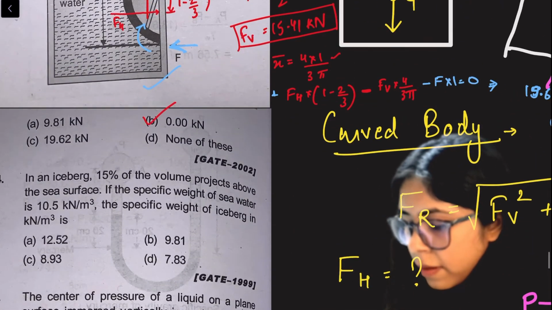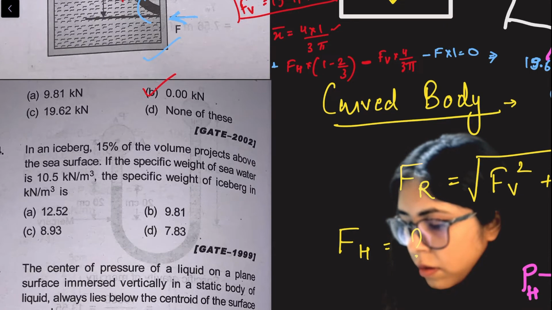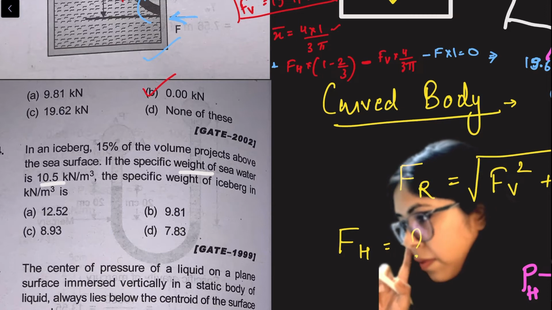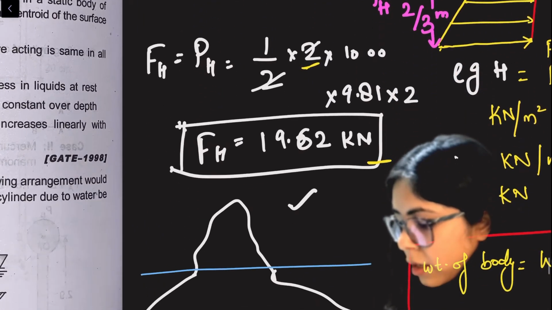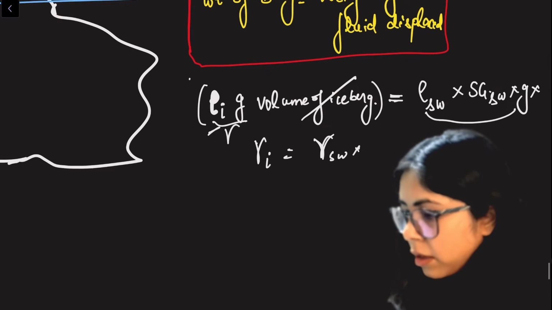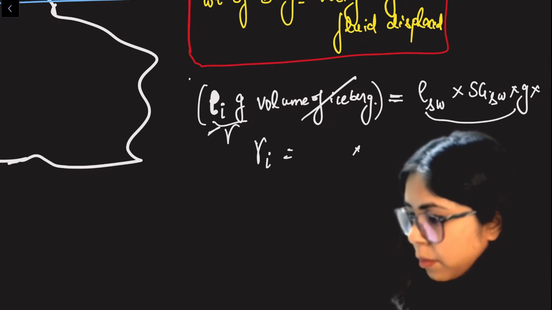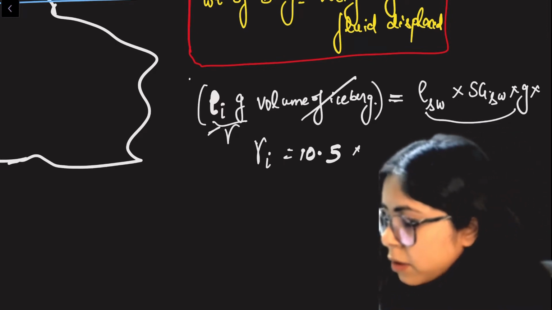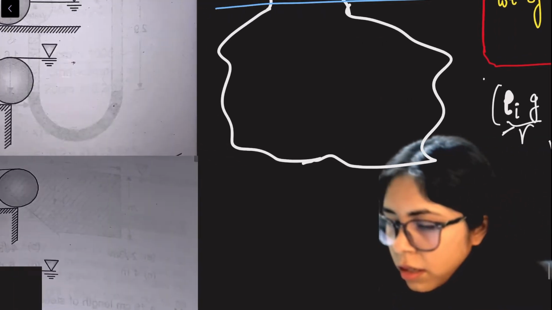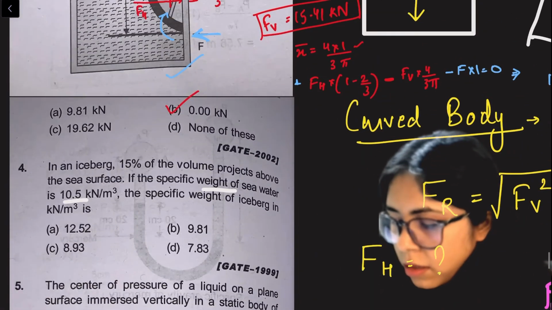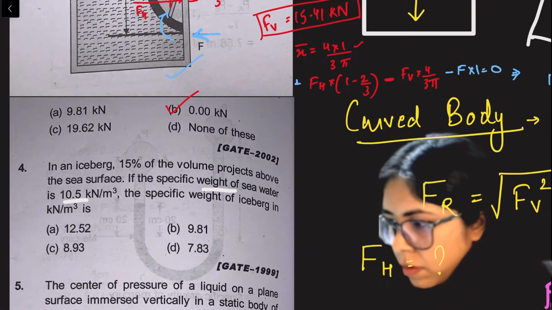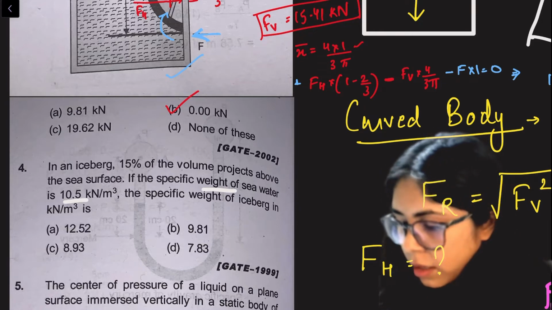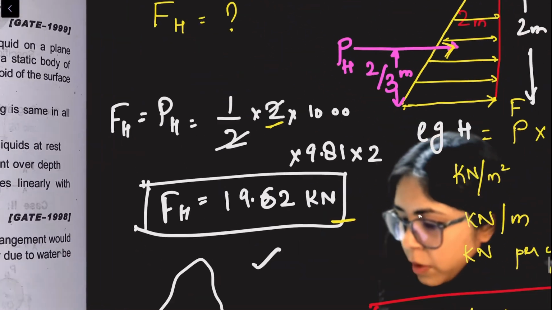Specific gravity, okay, specific weight they have given. Specific weight of seawater is 10.5. So I can simply put the specific weight of seawater directly, 10.5. This is nothing but specific weight 10.5 kilonewton per meter cube, and a specific gravity of seawater, if they must be given it. It is not given in this particular question, but we should know the specific gravity of seawater.